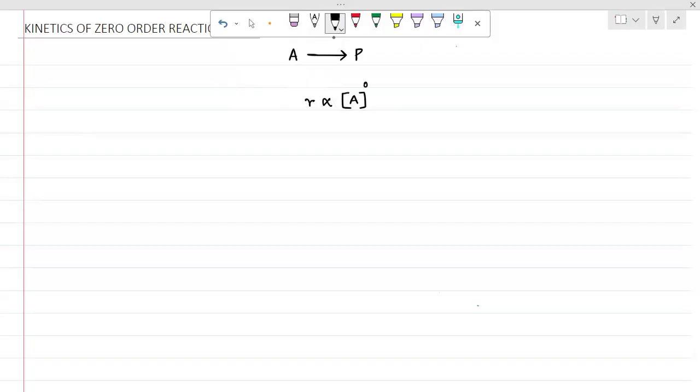Now, if I have to remove the proportionality sign, it is going to be rate is equal to rate constant times concentration of A to the power 0. Why? Because the order n is equal to 0. Now, any number raised to 0 is 1. So, rate is equal to k. Rate is equal to the rate constant. That's all.